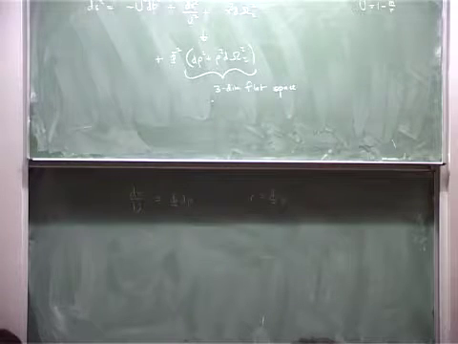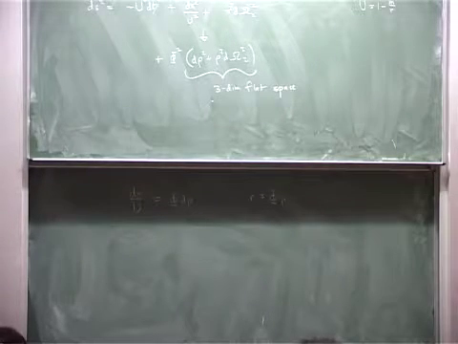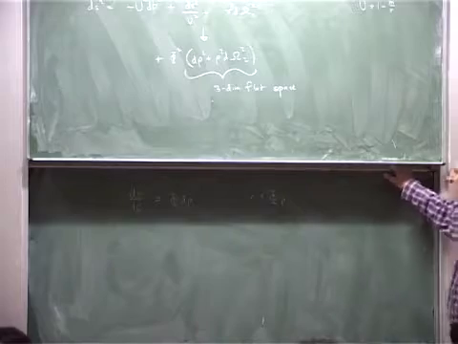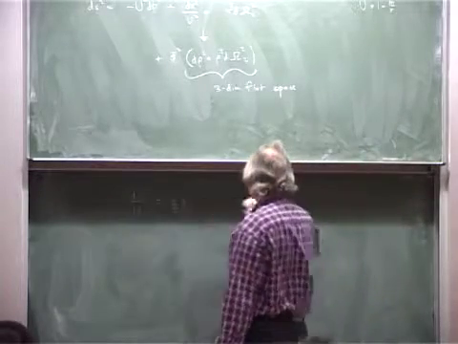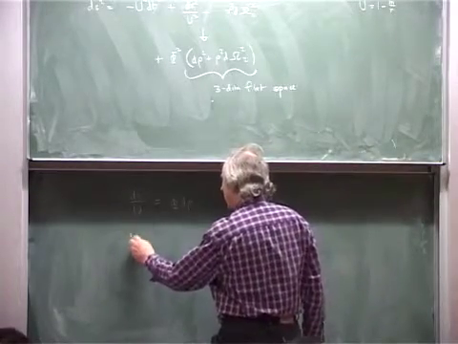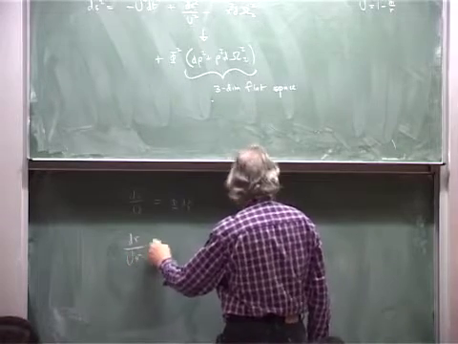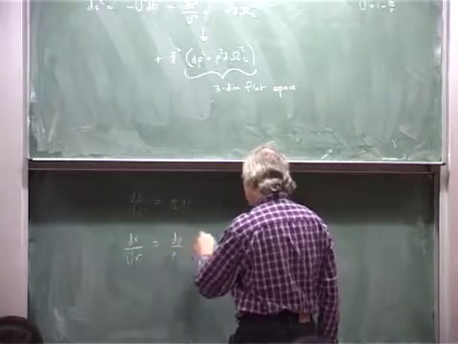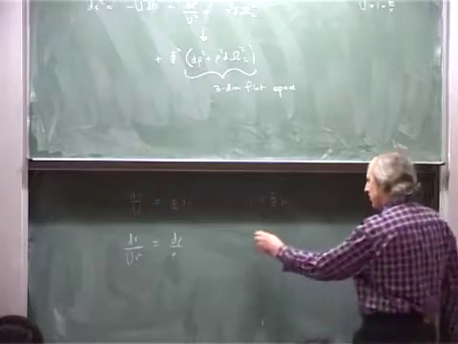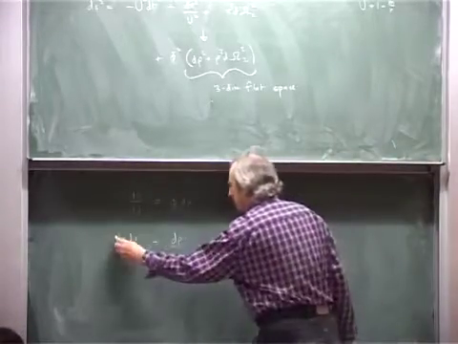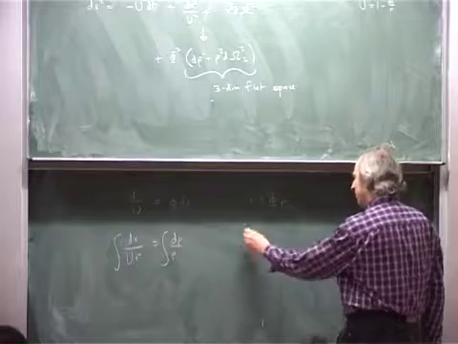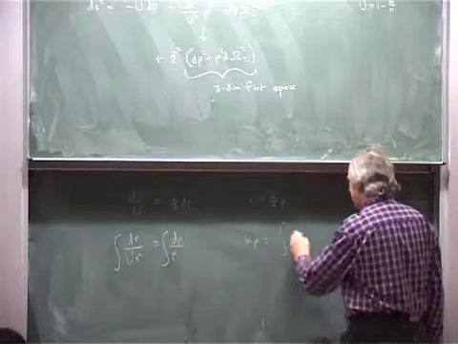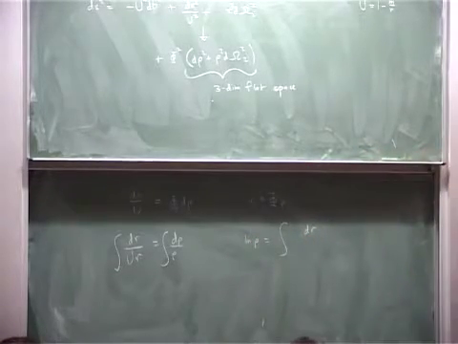So the simple thing to do is to eliminate phi from these equations because you have no idea what phi is. So you divide this by this, and you will get dr over ur is equal to d rho over rho. So integrating it up gives you that log rho is the integral of dr over ur.